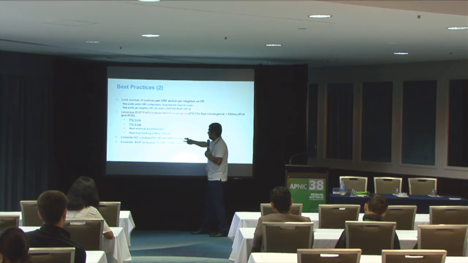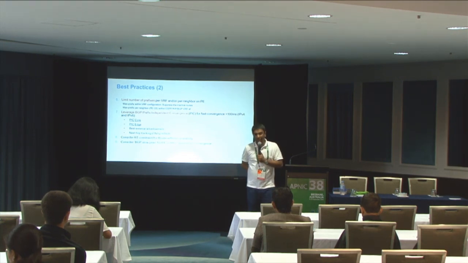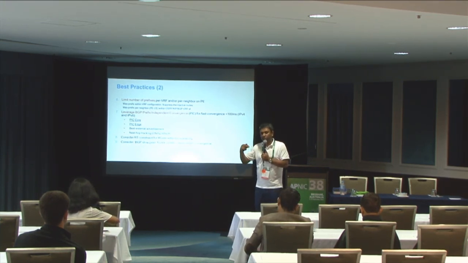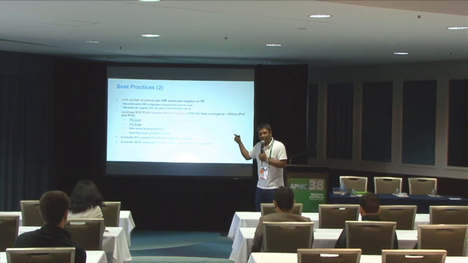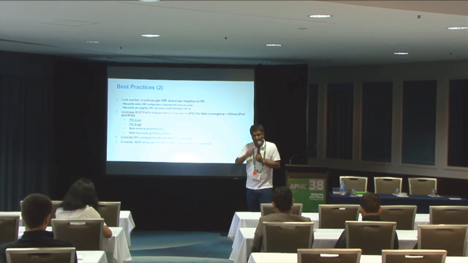And we also need to consider RT constraint. What is RT constraint? On some of the PE routers, you may not have any customers connected. But in your normal VPNv4 or normal LDP infrastructure, even though none of a customer's sites are connected to that PE router, it is still carrying all the customer prefixes, VPNv4 prefixes, right?